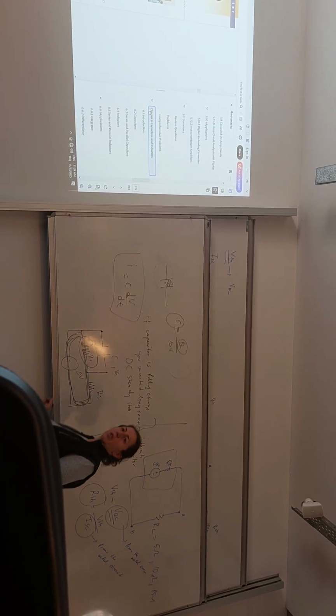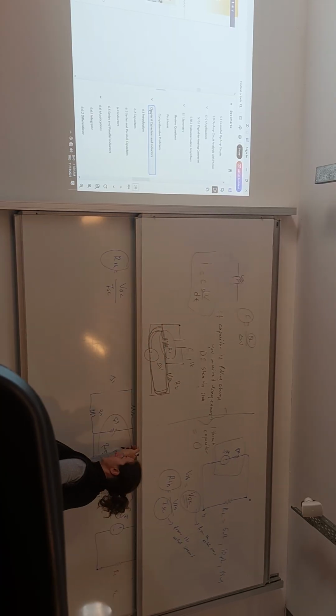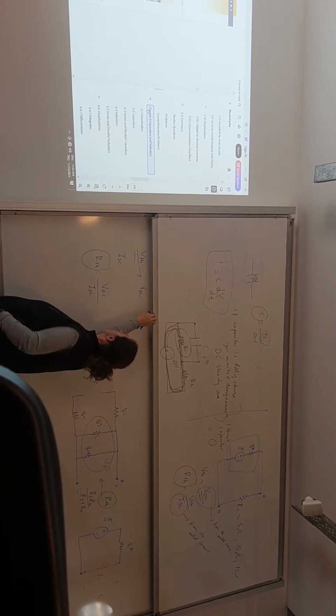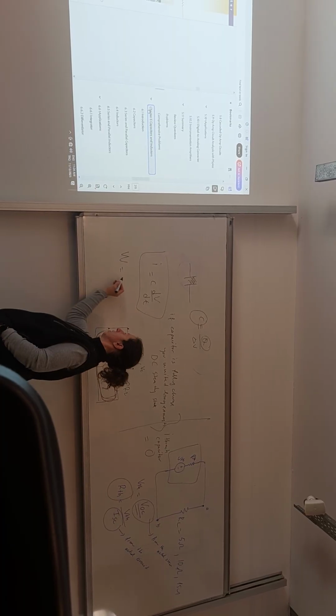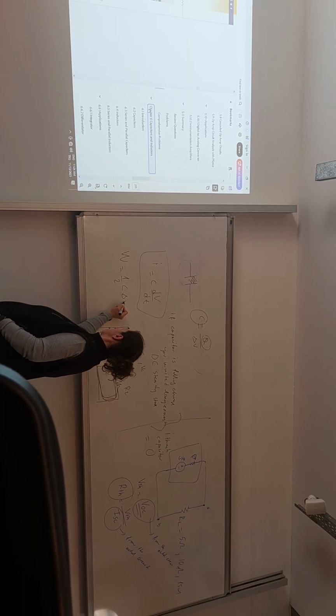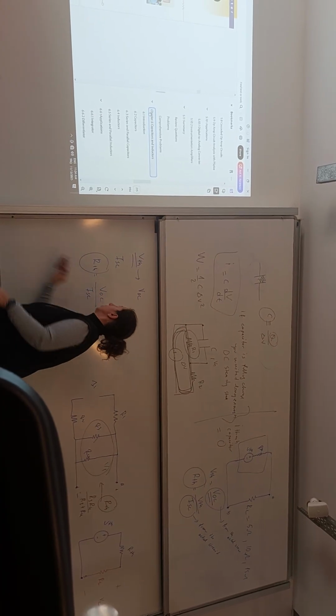That's the current across the capacitor. And you should also know how to calculate energy stored by a capacitor. That's how you calculate energy stored by a capacitor.